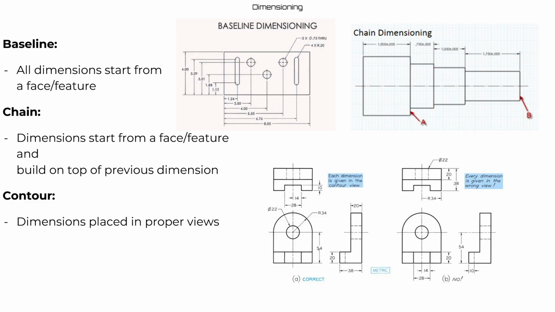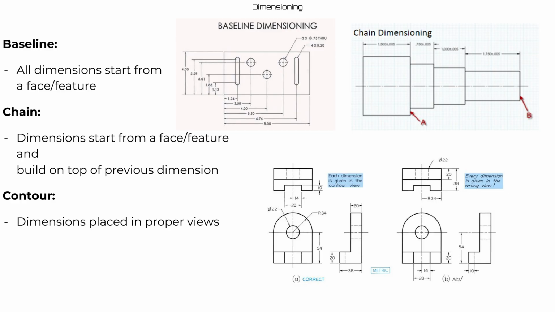So there's a couple types of dimensioning techniques that we were shown. So baseline is one that we have to, excuse me, I just had another brain fart. Baseline dimensioning is one technique that we can use. So all dimensions are starting from a face or feature.